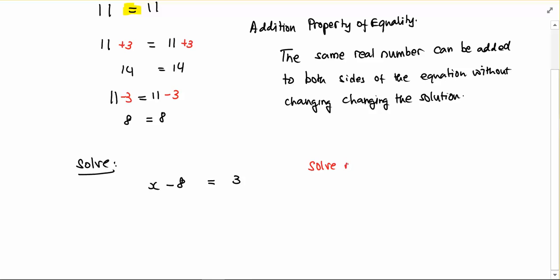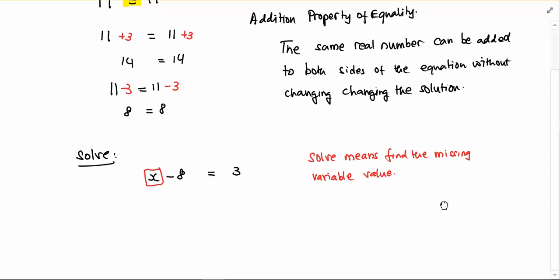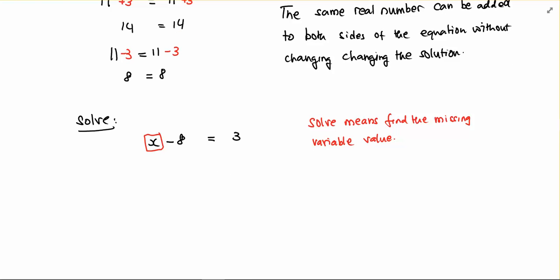Solve means find the missing variable value. So in other words, what is the number that should be in for x in order to make the left side equal to the right side? We could probably guess at that number as 11. 11 minus 8 is going to give you 3. So we know how that works. However, how would we do that if we didn't see it directly, right?